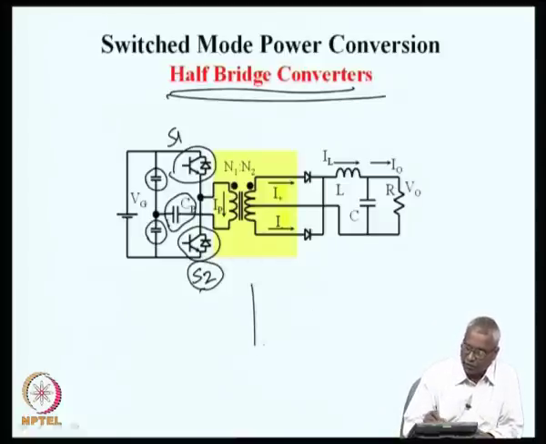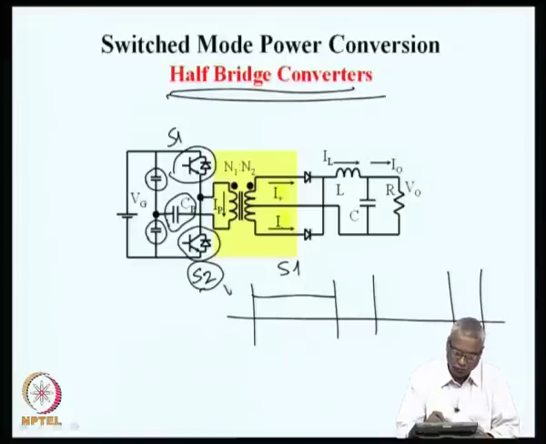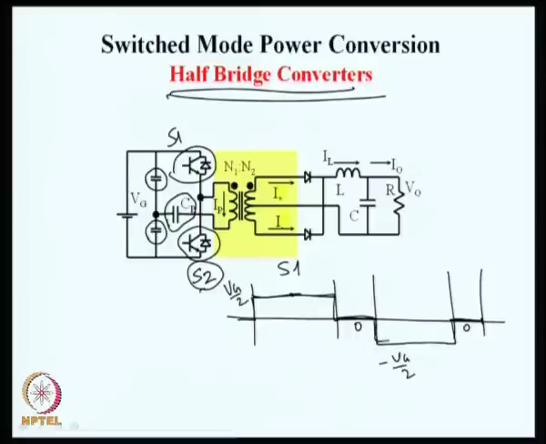So, we will say that in one cycle, when the top switch is on, the transformer is subjected to Vg by 2, and when both the switches are off, the transformer has a voltage of 0, and when S2 is on, the transformer is seeing a voltage of minus Vg by 2, and then during this time when both are off, it is 0 again. So, you see that a perfectly symmetric square wave is applied to the transformer, both in positive and negative.